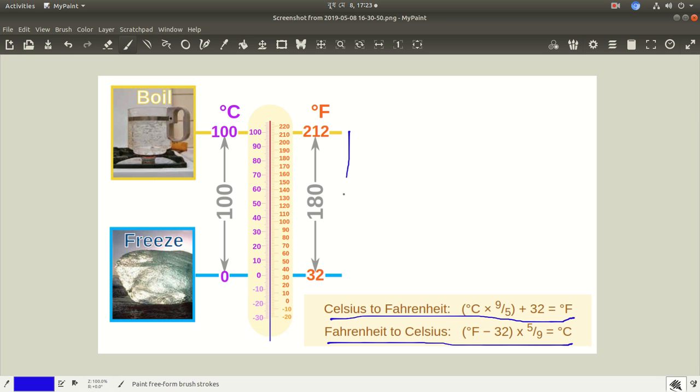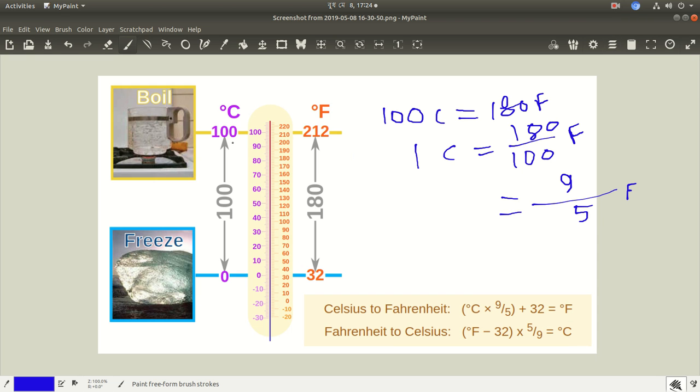For the same distance we have 100 for the Celsius scale and 180 for the Fahrenheit scale. So we can write that this distance and this distance are the same.